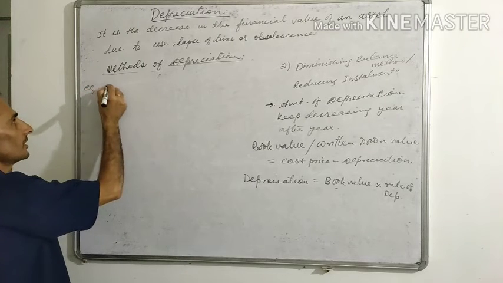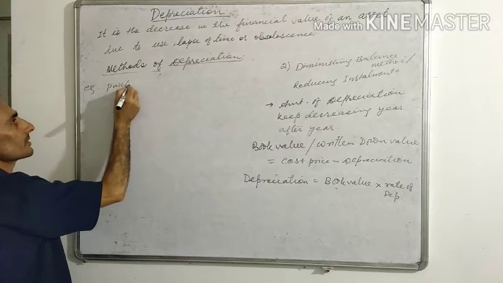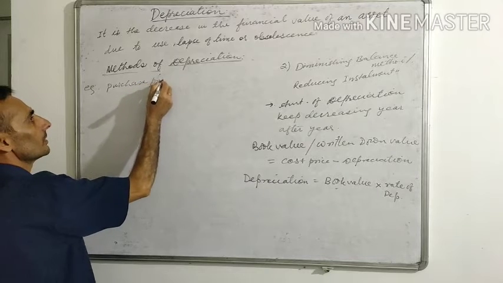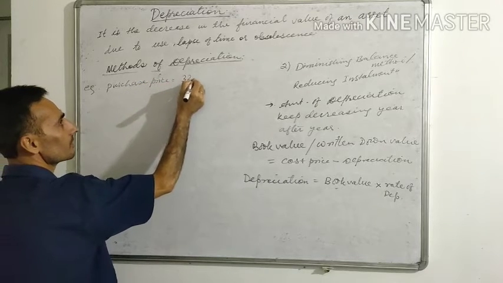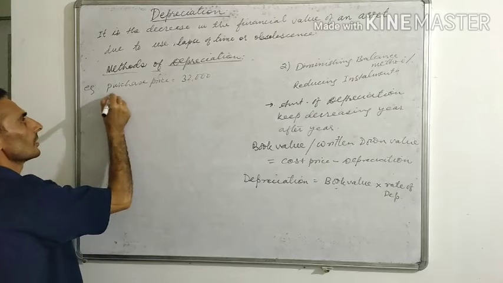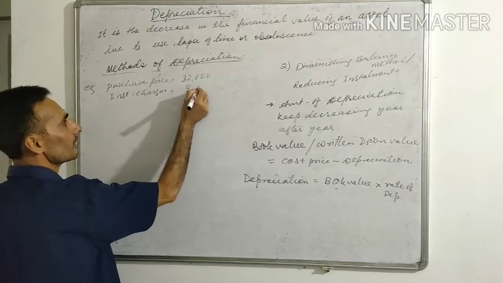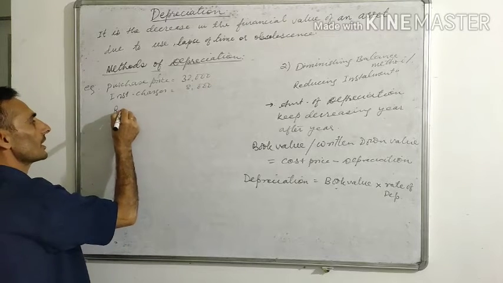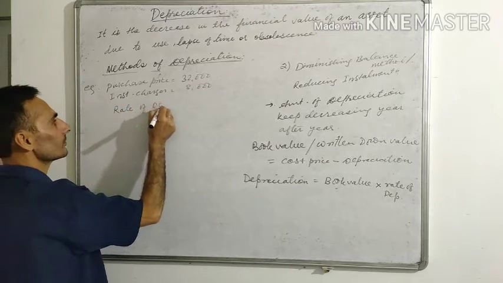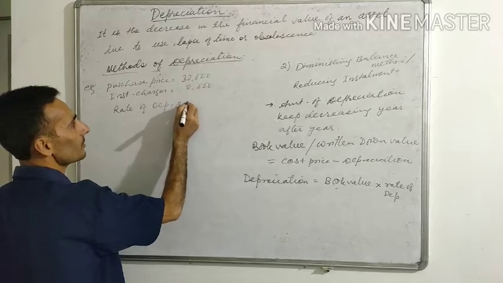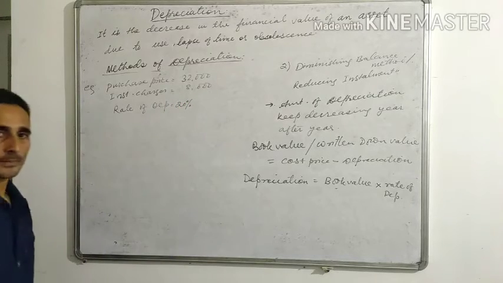Let's take the same example here. Purchase price is 32,000. You have installation charges, which is 8,000, and the rate of depreciation, say it is 20%.